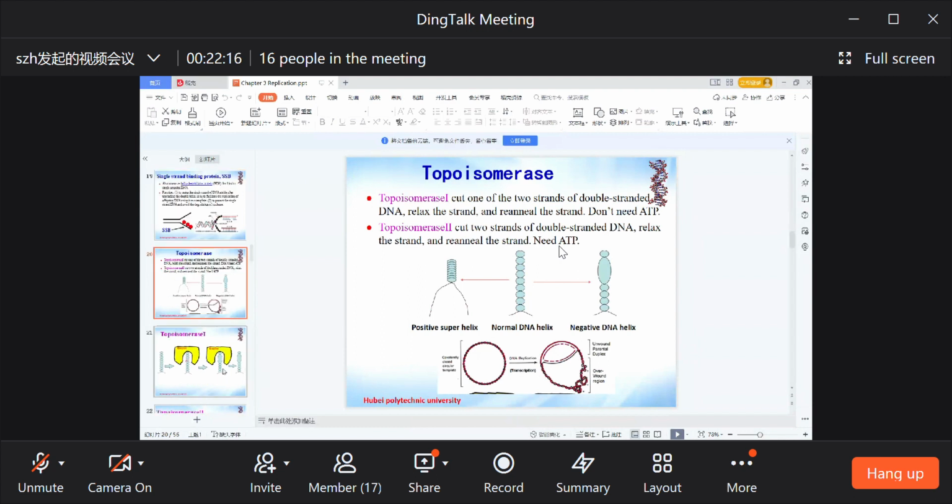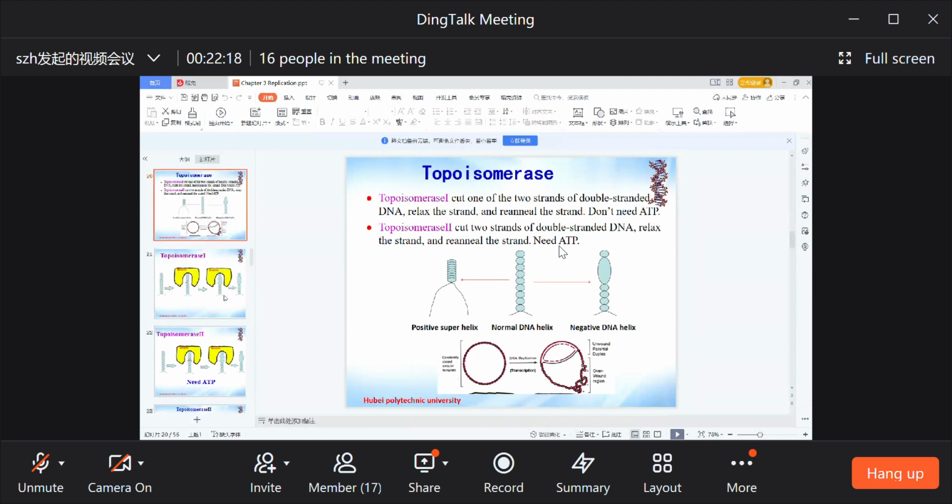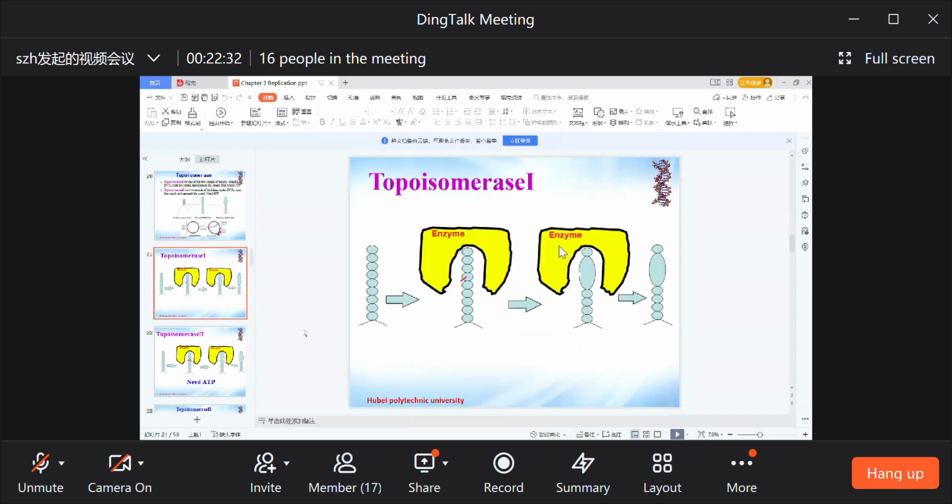Another enzyme, topoisomerase. We introduced two kinds of topoisomerase. Topoisomerase 1 doesn't need ATP, it only cuts one of the strands and relaxes the double helix structure.